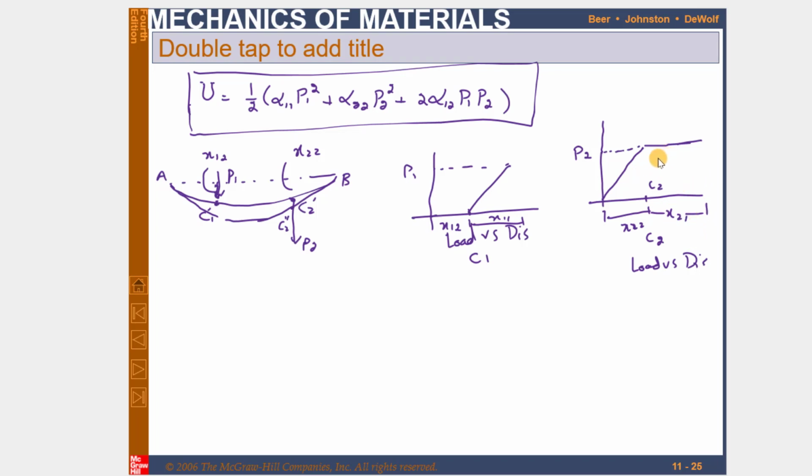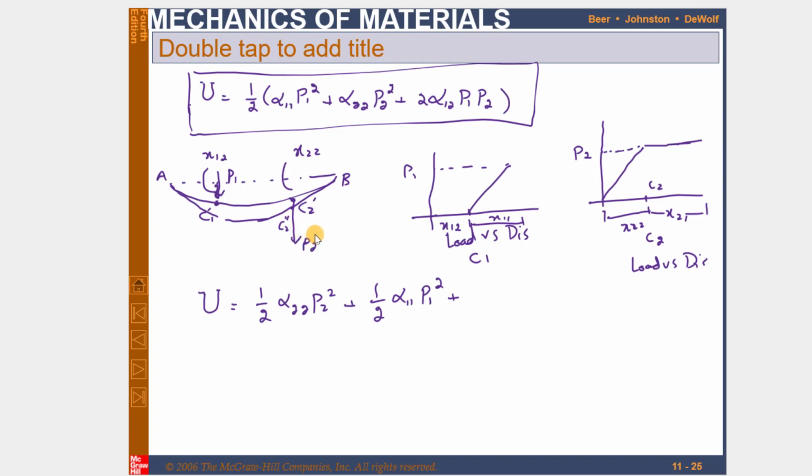So you can see in this scenario this U will become equal to 1/2 A22 P2 square, this is the first work done, that is due to P2, plus 1/2 A11 into P1 square, which is due to load P1, plus there is extra work done.